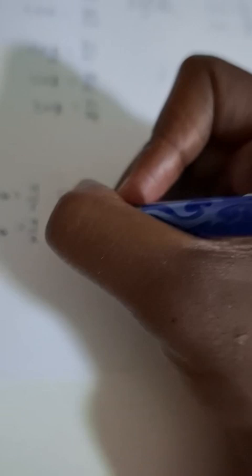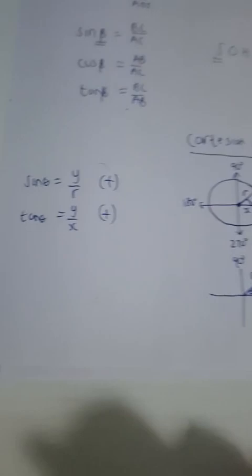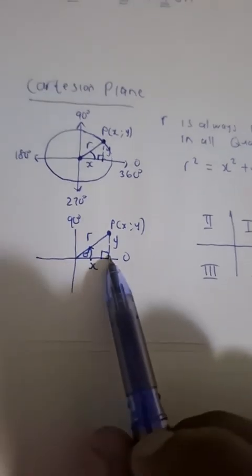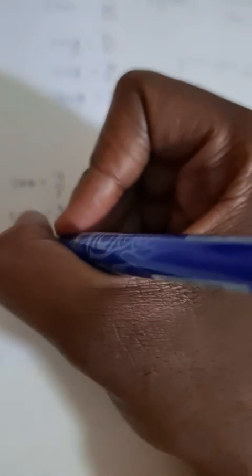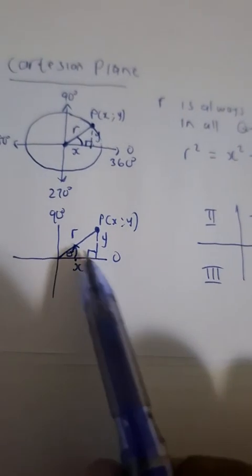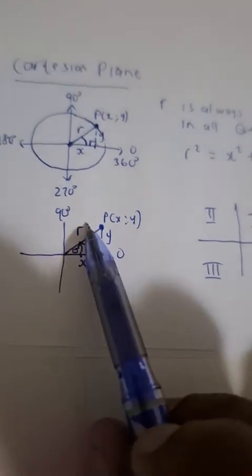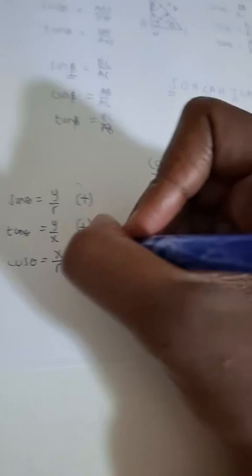In other words, it will be y over x. That's also positive. Then last but not least, cos theta by definition is adjacent over hypotenuse. So that means it would be x over r, which is also positive.